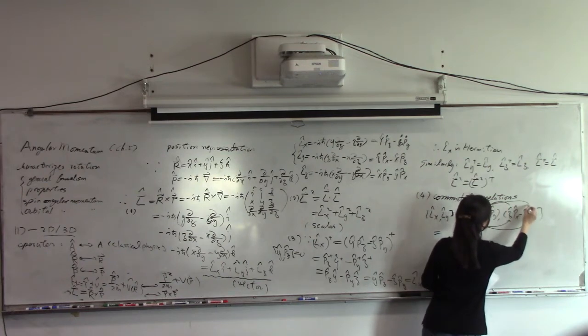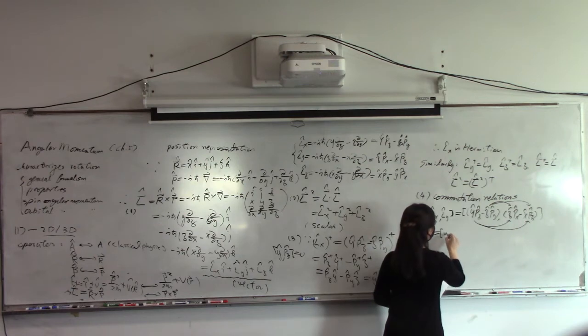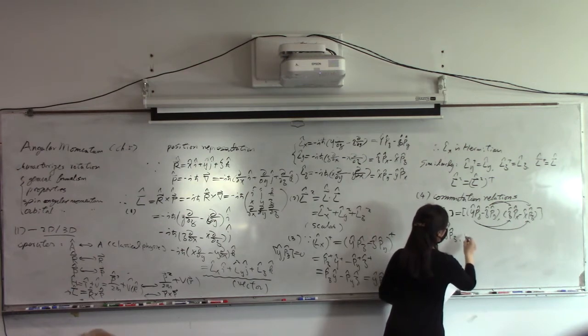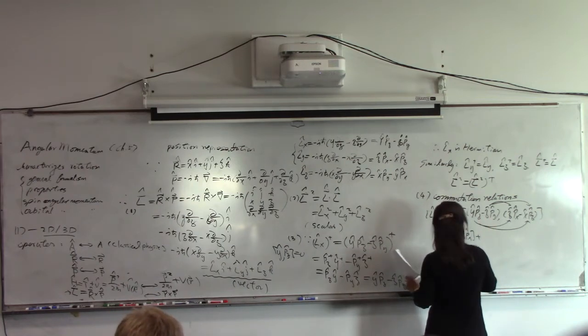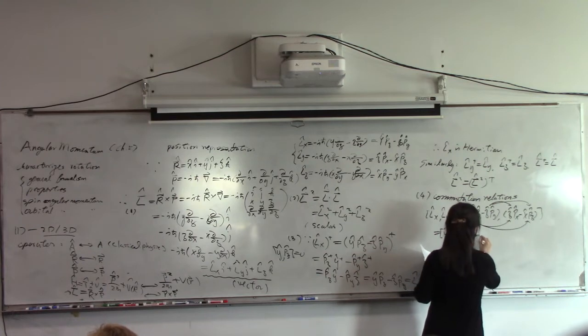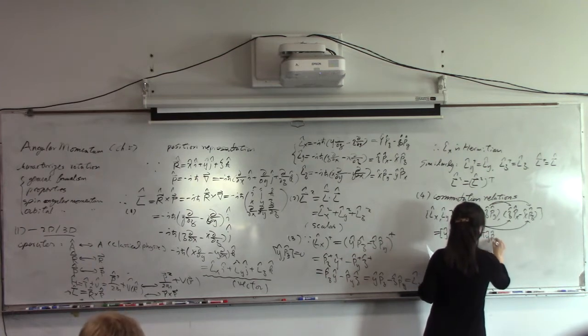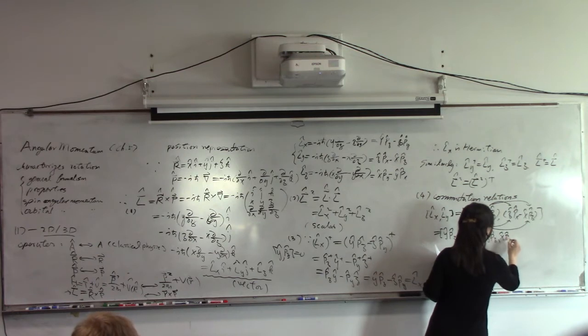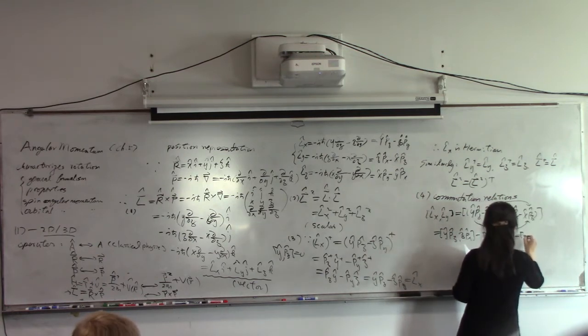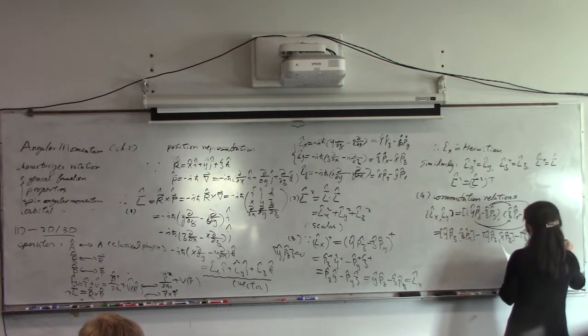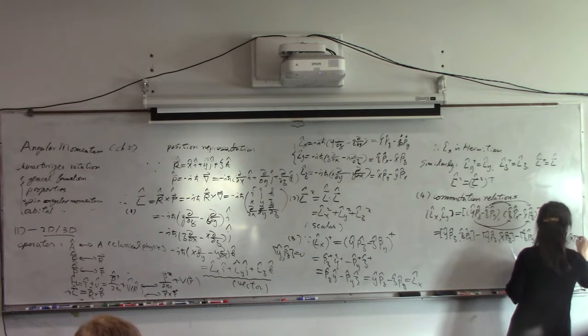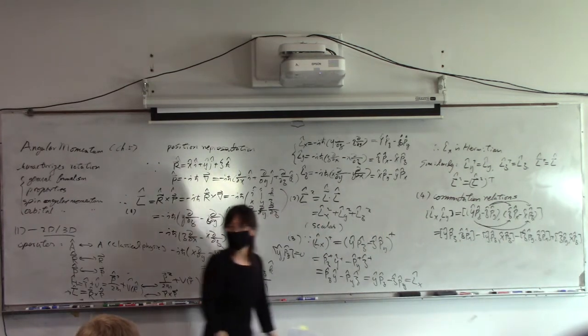So now let's go here. y pz with z px, plus, minus because this is a negative here, right? Minus y pz with x pz, and then minus z py with z px, then plus z py with x pz. 4 commutators, right?